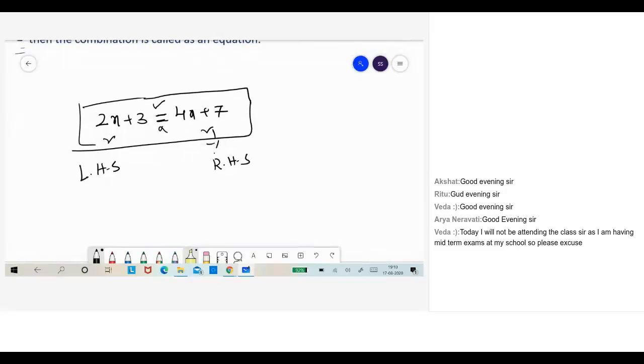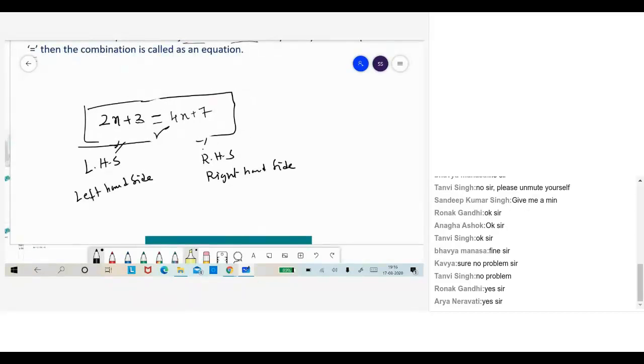There's an expression on the left hand side and an expression on the right hand side. The expression on the left hand side is called the left hand side expression, we call it LHS, and this is called RHS. This 4x plus 7 is the right hand side.